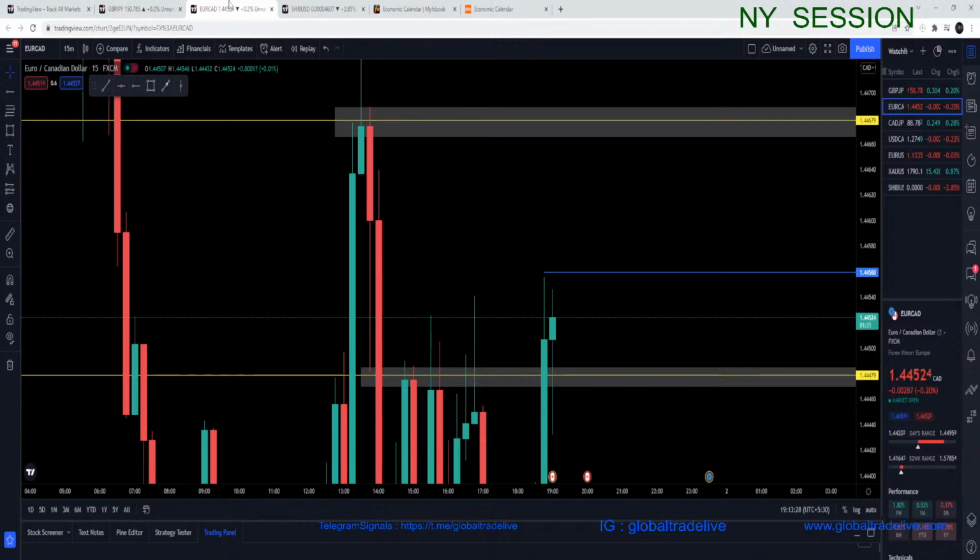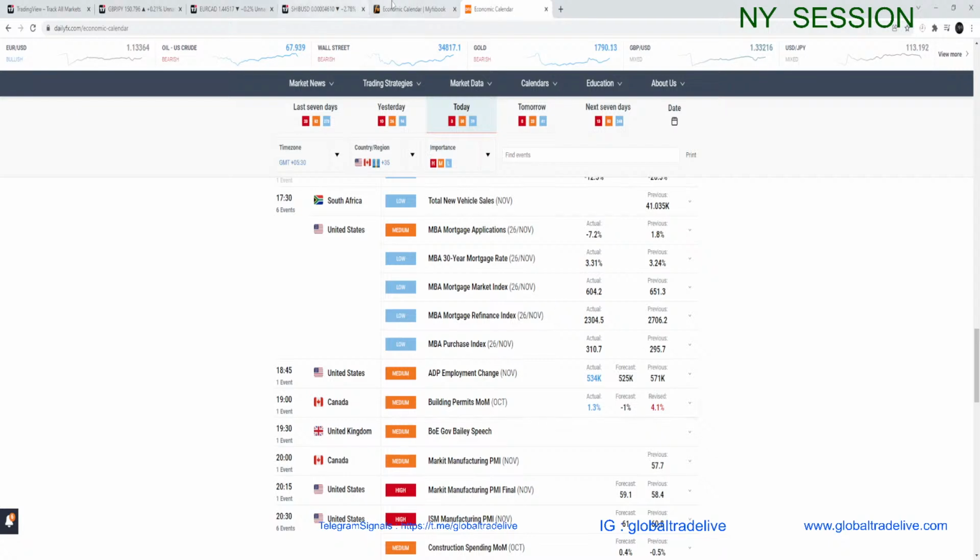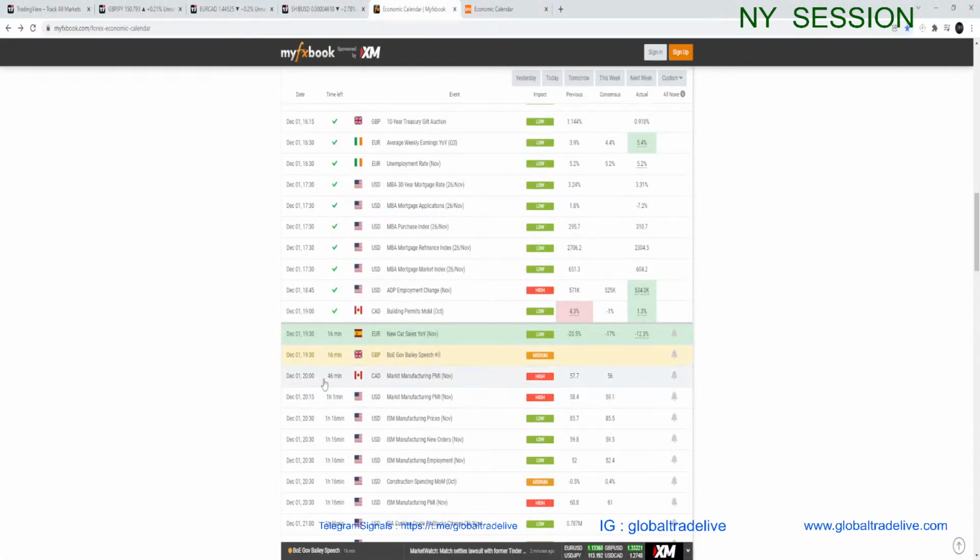Okay, everybody, get ready. Just 1 minute left for the current candle to close. GBP moving down, EuroCAD moving up. News is about to come in 46 minutes.